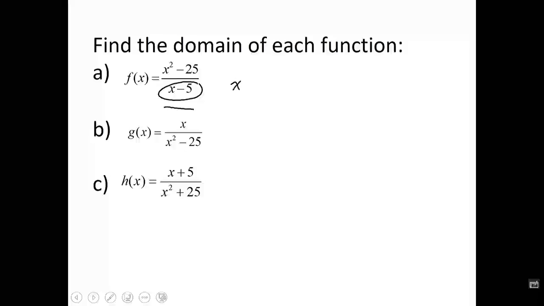So x minus 5 is equal to 0 when x is equal to 5. So therefore, the domain of f is going to be the set of all x such that x is not equal to 5.